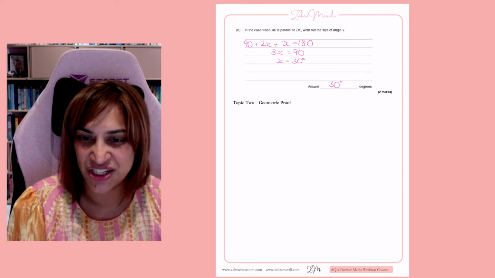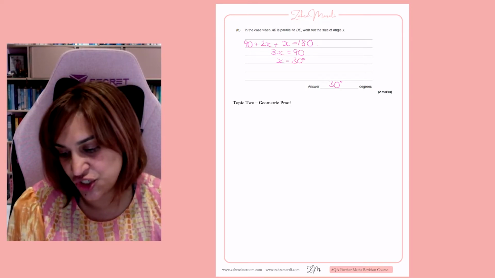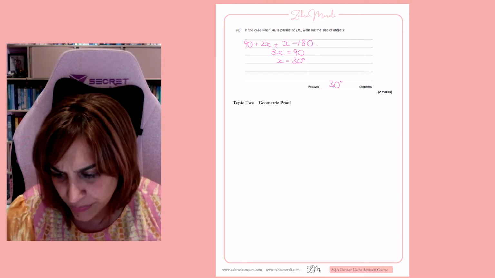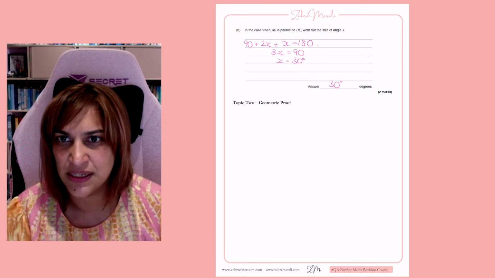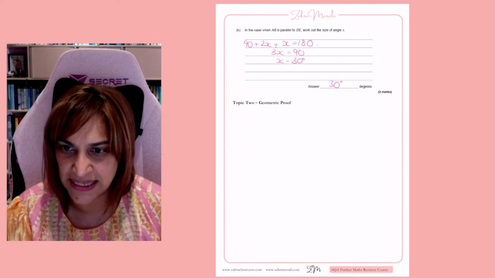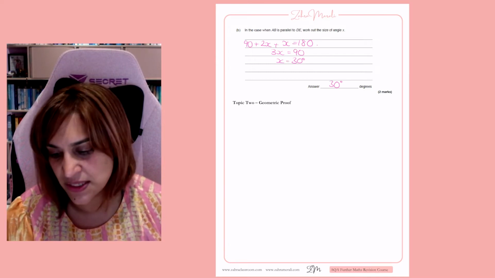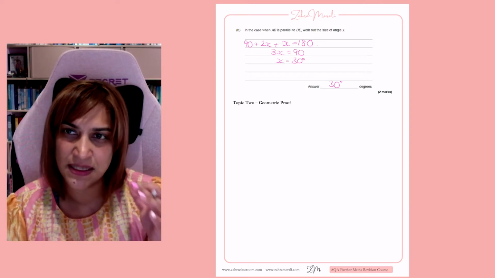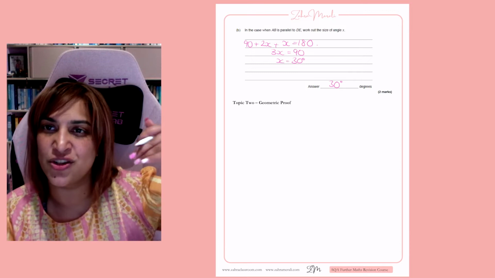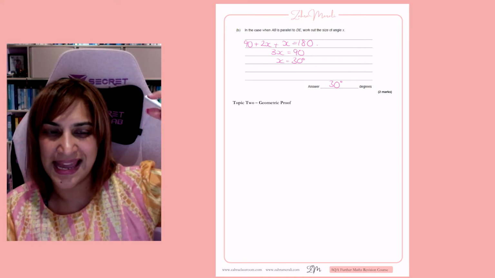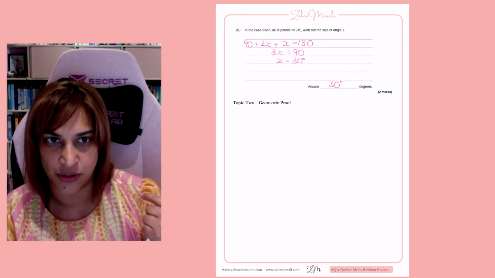The next section here we've got is geometric proof. Now there aren't that many questions on it, and they all use different methods and different things to get there. But the important things about geometric proof and the things that people get wrong are not writing your proof, and not constructing your argument.